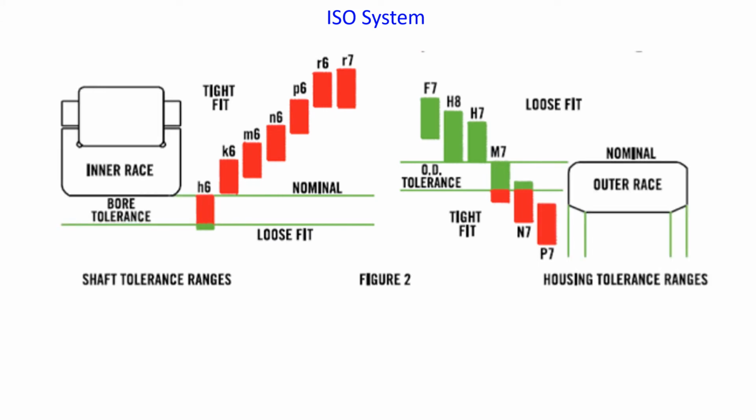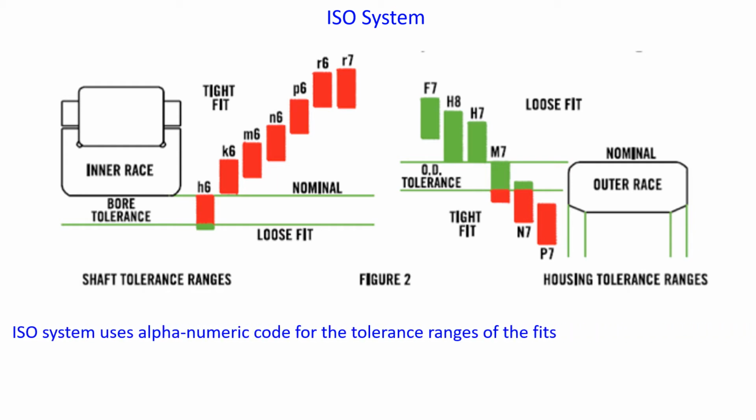International Standards Organization (ISO) have set standards for the fits and tolerances. Here is a diagram of shaft and housing tolerance ranges. More detailed data is available in the bearing manuals or in the standards manuals. ISO system uses alphanumeric code for the tolerance range for the fit.